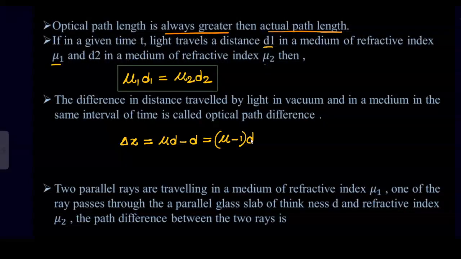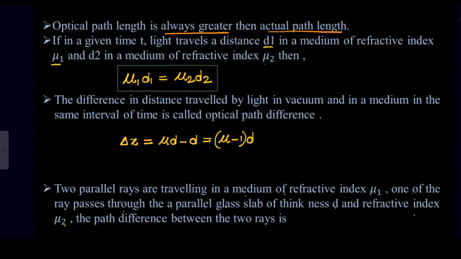Next, let us see the next one. We have taken two parallel rays traveling in a medium of refractive index mu1. One of the rays passes through a parallel glass slab of thickness d. The refractive index of that slab is mu2. Then they are asking to find the path difference in this case.